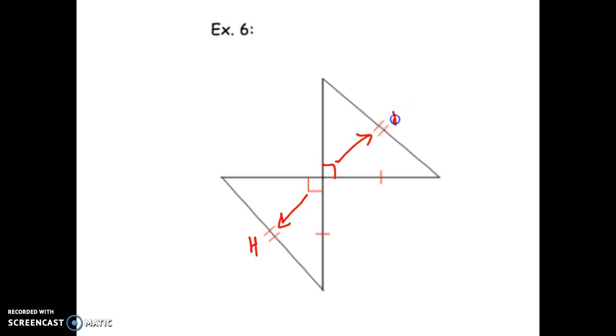Yes, they are. So I'm just going to label that hypotenuse because you see they both have 2 tick marks. And then are one of the legs congruent? So we have a leg here and a leg here, and they are congruent. They have 1 tick mark. So yes, we would say that these 2 triangles are congruent by the hypotenuse leg triangle congruence theorem.